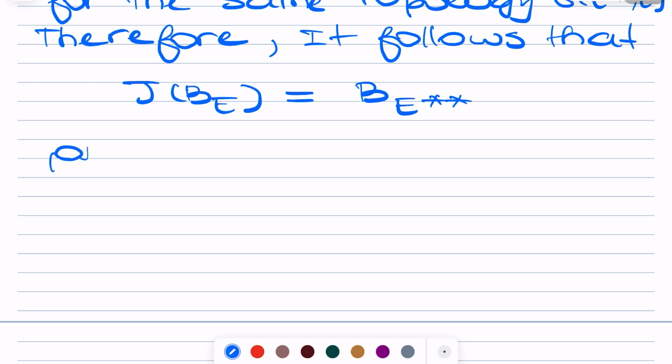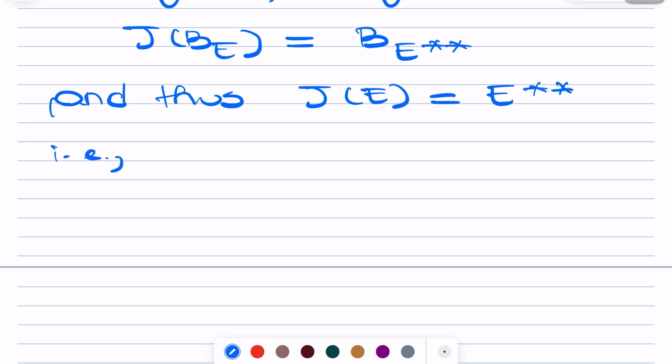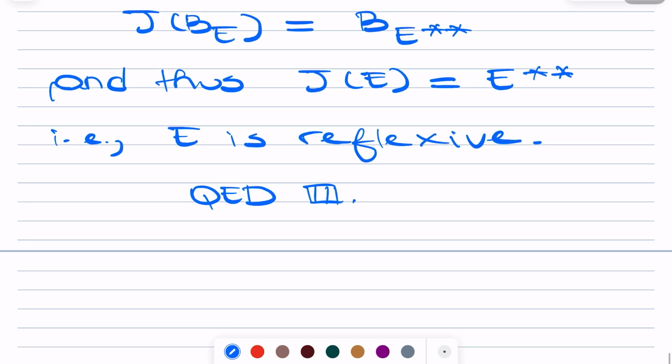And because this holds, you also have that the image of E via J is equal to E star star. So this means E is reflexive. And with this, we conclude the proof of the Kakutani theorem. Okay, good. I think so far so good.